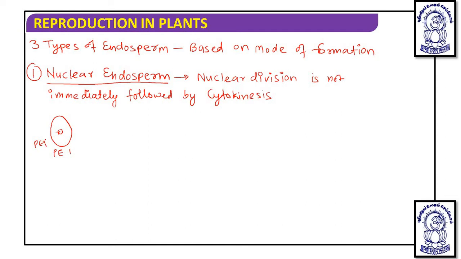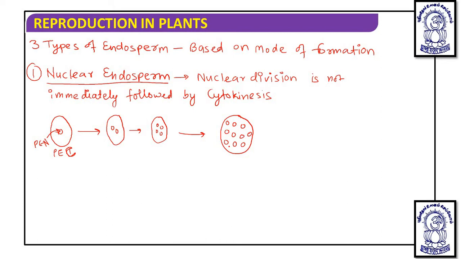This is the primary endosperm nucleus, and this is the primary endosperm cell. Now in this, karyokinesis will occur, so there will be 2 nuclei, then 4 nuclei, and later on multiple nuclei will be formed within this single primary endosperm cell.